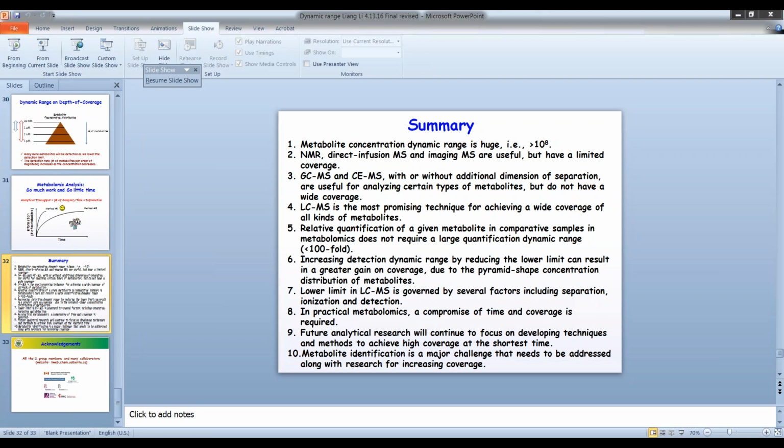The issue with the cell's dynamic range is that there are potentially many intermediate metabolites within a pathway that are perhaps being captured by a sensitive technique where other technologies in the past may have missed them. So there's potential that there will be a lot more metabolites in the cell.